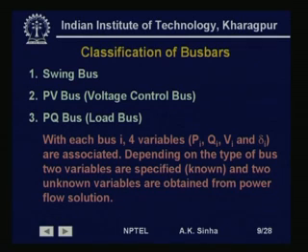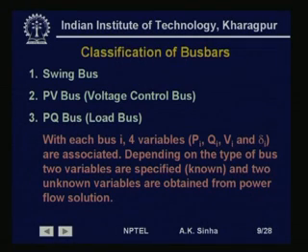Since this bus is a reference bus, the angle that we specify for it is normally 0 degrees, and since it is a generating bus which has its own voltage regulator, the voltage magnitude is fixed and we specify the voltage magnitude at this bus.